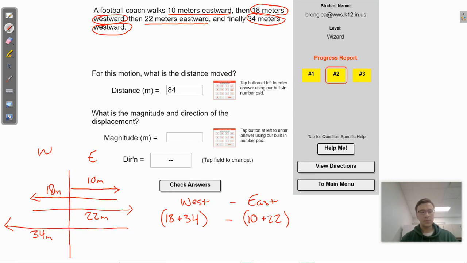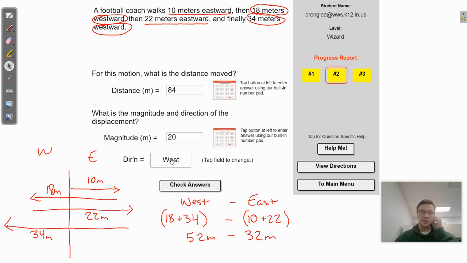Okay, so we'll go ahead and add these up. There's 52 meters of westward movement minus 32 meters of eastward movement, and that's going to give us a net movement of 20 meters west.